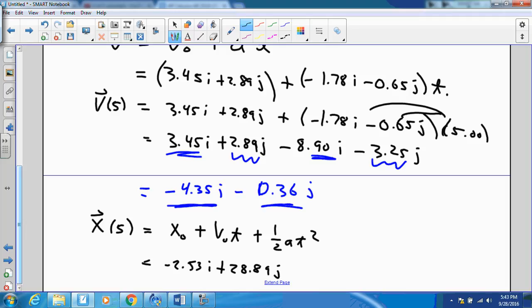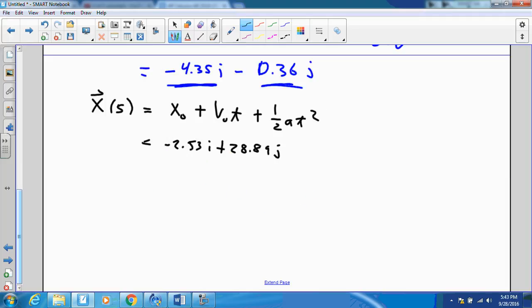Negative 2.53i plus 28.89j is the initial r0. I used x, I'm sorry, I do that sometimes. These should be r's. There we go, if you were confused.